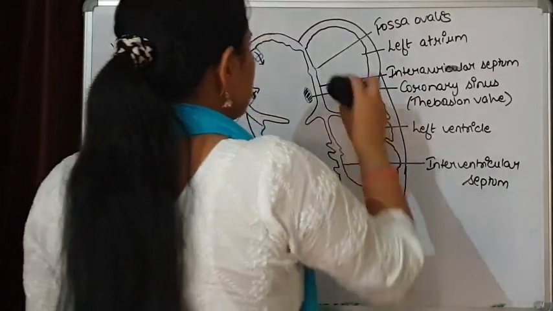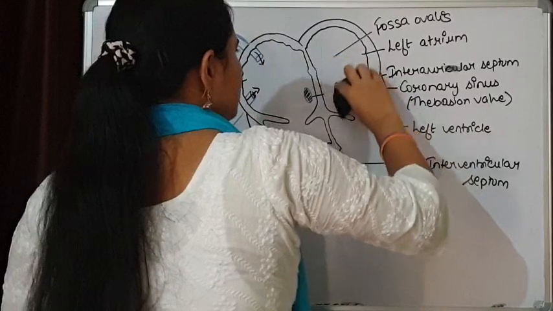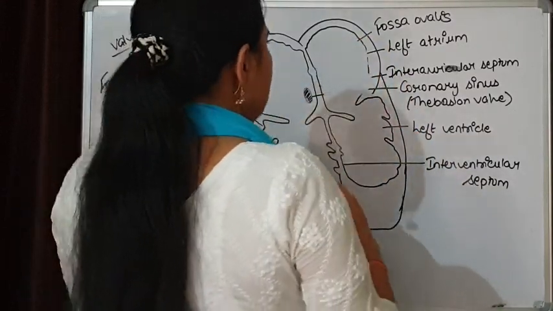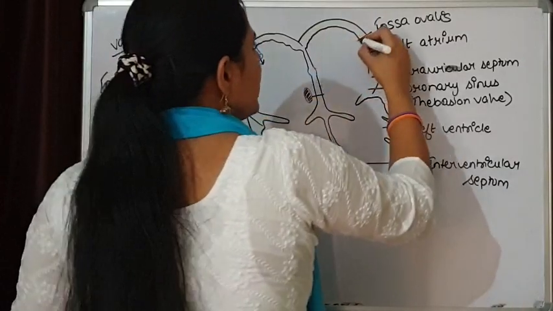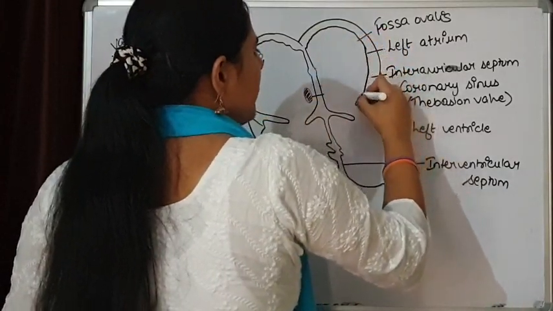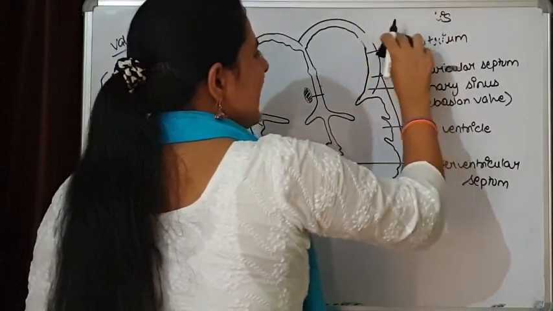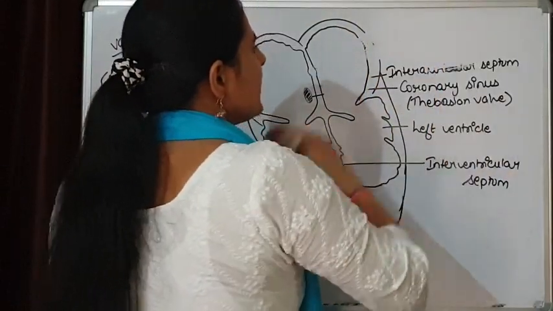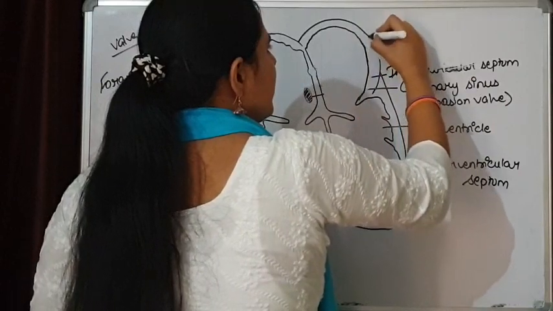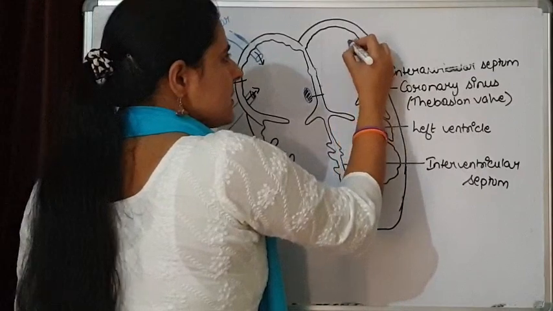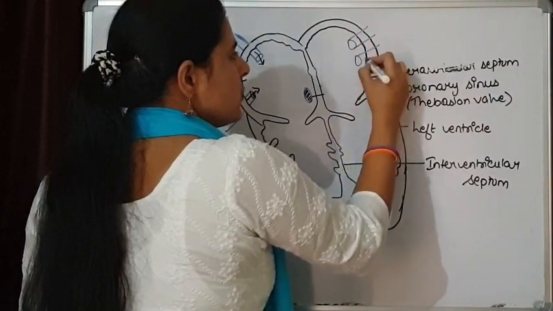I am removing these structures to discuss the left atrium. The left atrium is going to receive the pulmonary veins. The pulmonary veins are carrying oxygenated blood from the lungs. From each lung, two pulmonary veins, 1, 2.